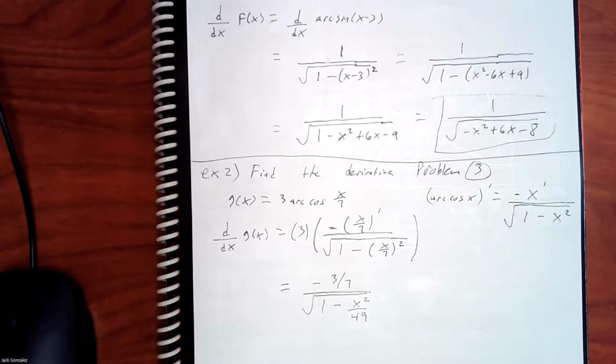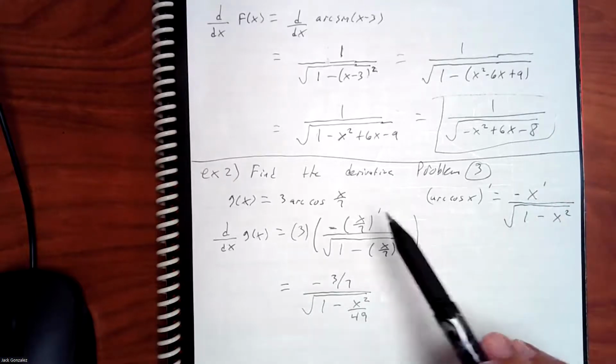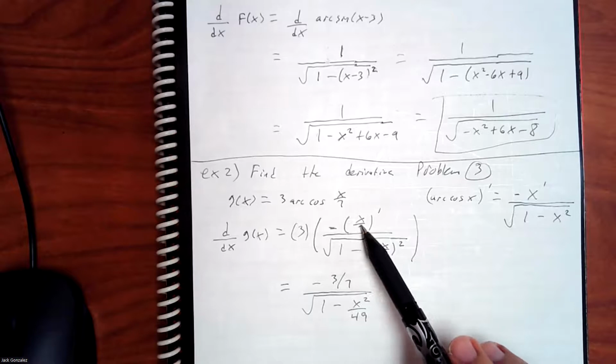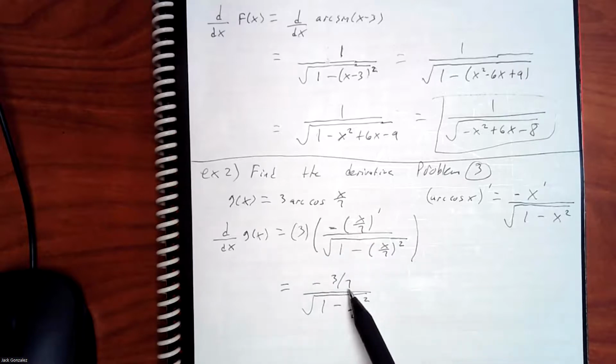Just follow the formula. You see how x prime is the derivative of the argument? This is 1/7 times the 3, so negative 3/7. Down here we have 1 minus x squared.